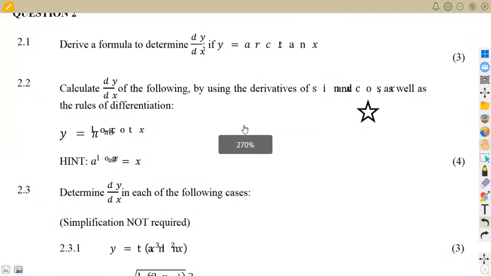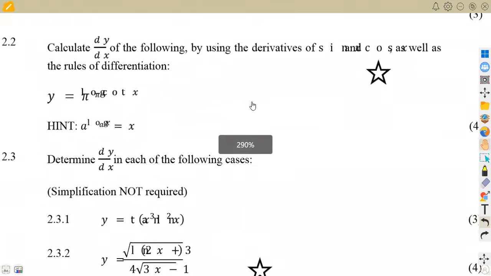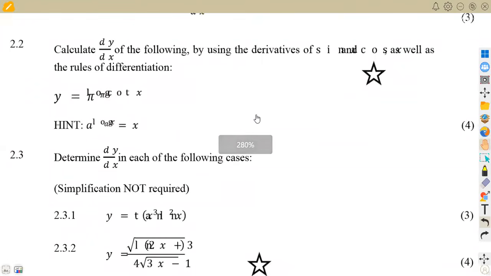And on question 2.2, we are asked to calculate dy/dx of the following by using the derivatives of sine and cos. So take note, guys, this is sine of x and cos of x, as well as the rules of differentiation.